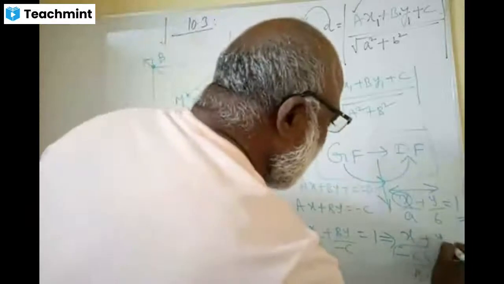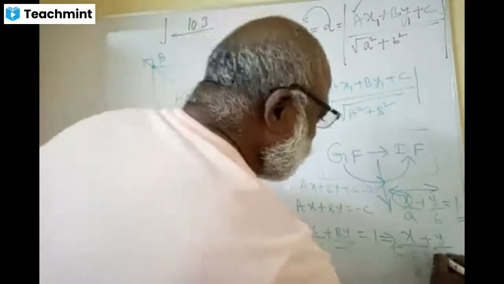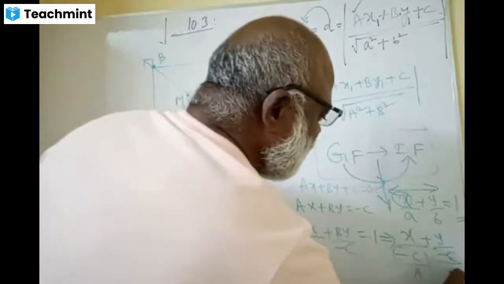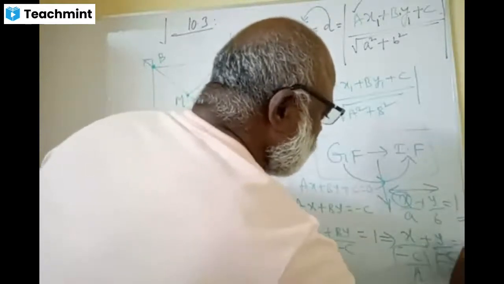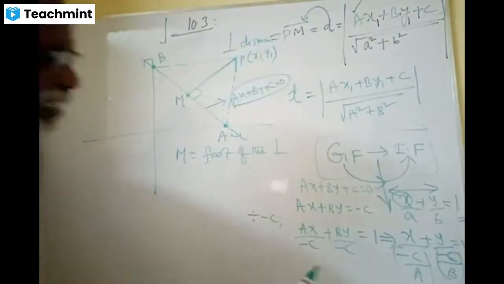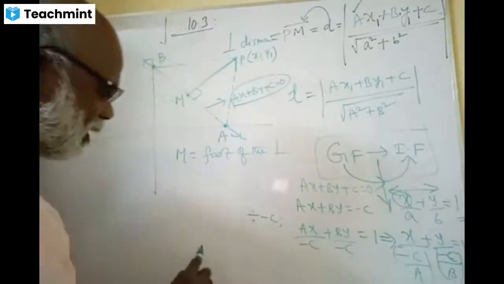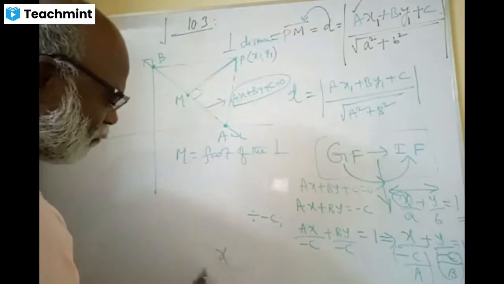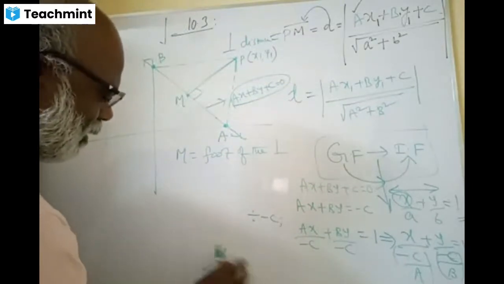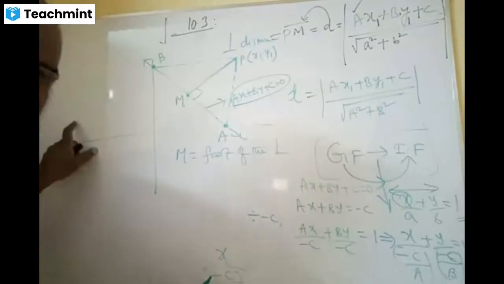Plus y by minus c by b, the b will be coming down now. That is equal to 1. Now I have written it in the intercept form. What is the purpose of writing it in the intercept form: x by minus c by a. Is it visible, ma'am?